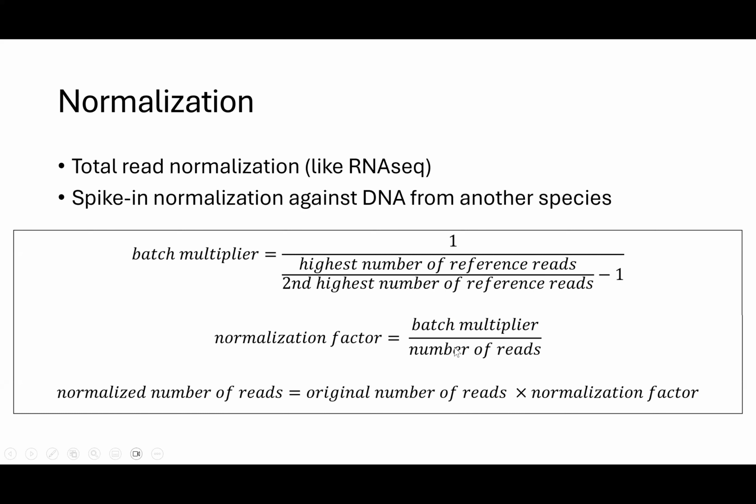So you still get a normalization factor for each library like we did for RNA-seq, but instead of coming from just the total reads, it's corrected for the amount of DNA we put in. Does that mostly make sense?